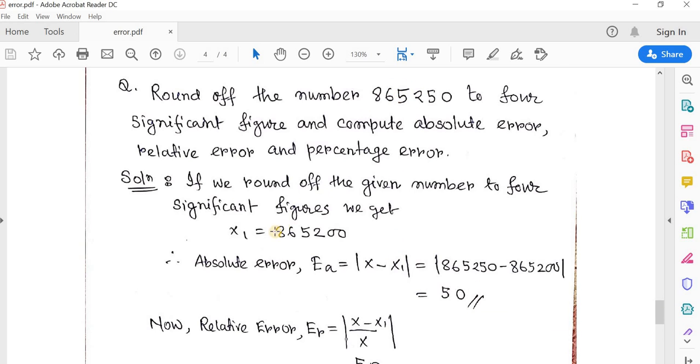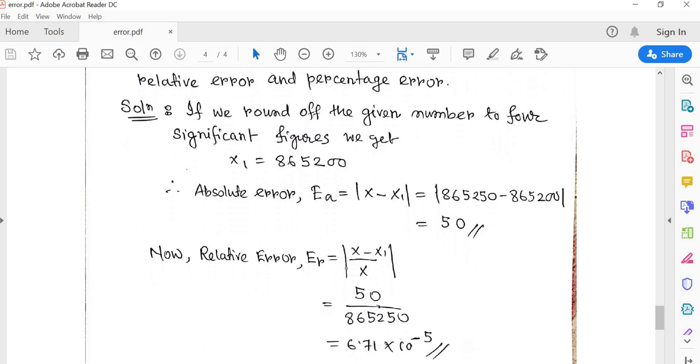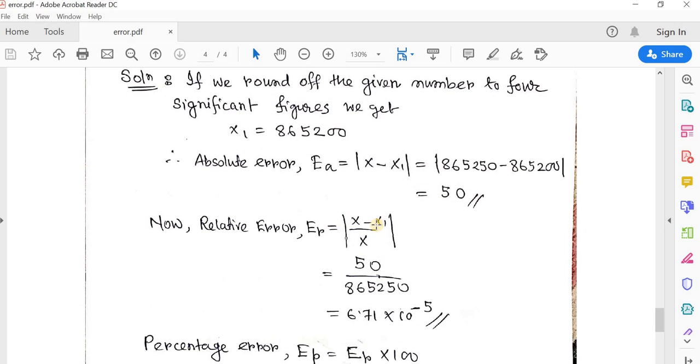This was the actual number and this is the rounded number. So this actual number minus the rounded number gives the absolute error.